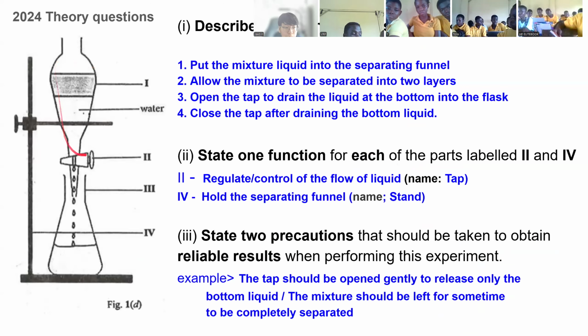This is a separating funnel. This is how you would separate water and oil. The top part can be the oil, this part can be the water. Remember how we turn on the tap and only the water is collected at the bottom and leaves the oil at the top. This is only possible because water and oil form separate layers.